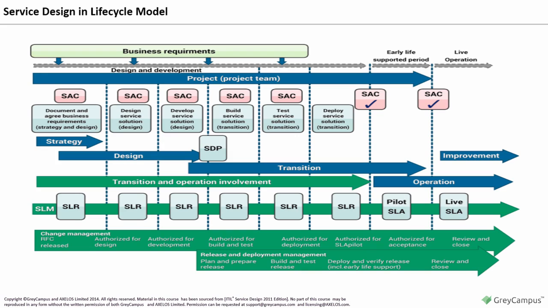On successful ELS, the pilot SLA gets converted to the live SLA, and this entire phase is called service operations. Change management and SLM have scope from service strategy to service operations, and even further to continual service improvement, CSI.